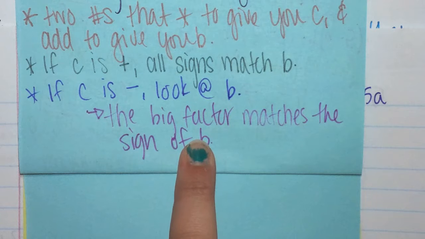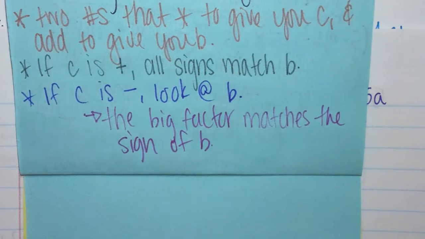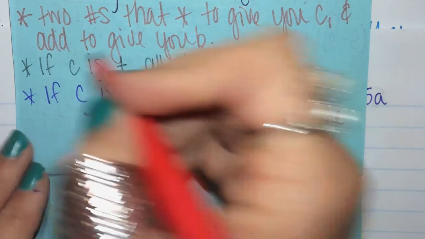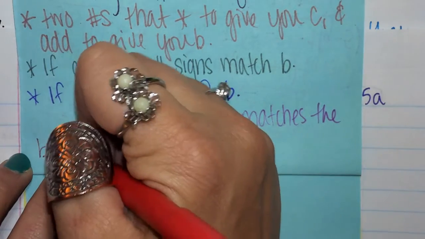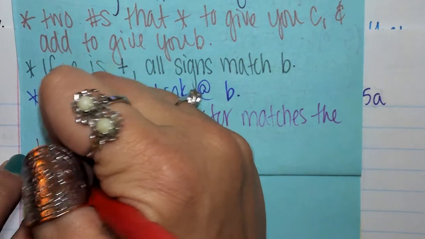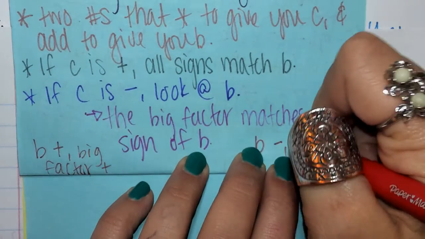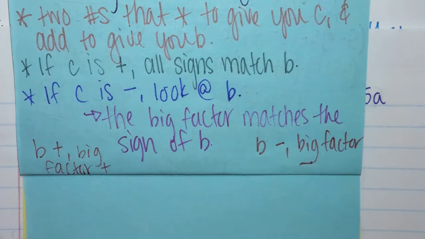I'll put an extra note. So if B is positive, your big factor is positive, right? And what do I mean by big factor? The largest of the two. So if I have 4 and 3, which one's going to be positive? 4. So if B is positive, the big factor is positive. If B is negative, the big factor is negative.